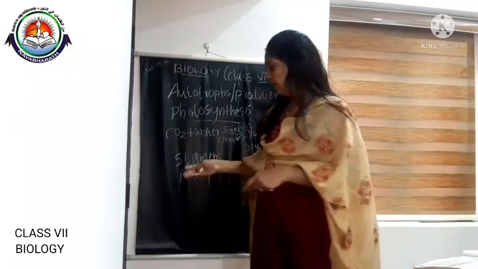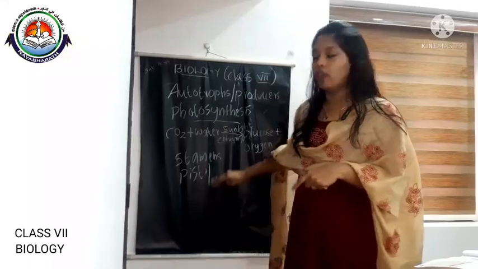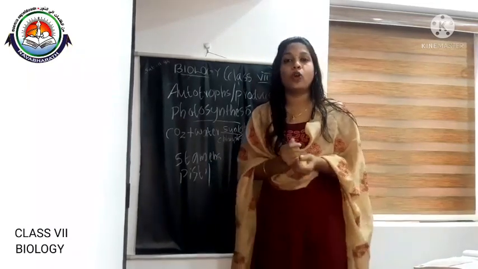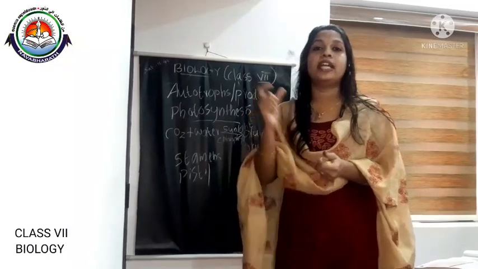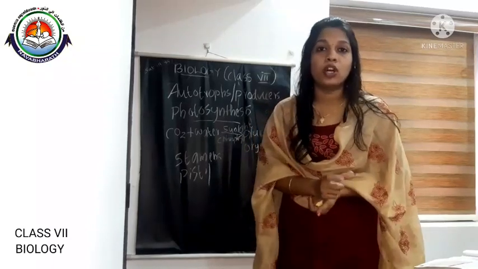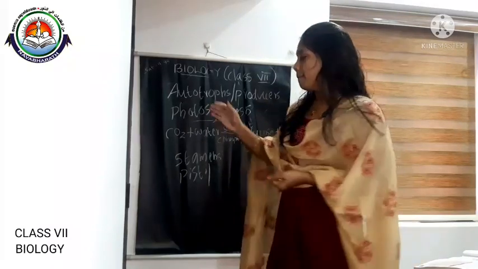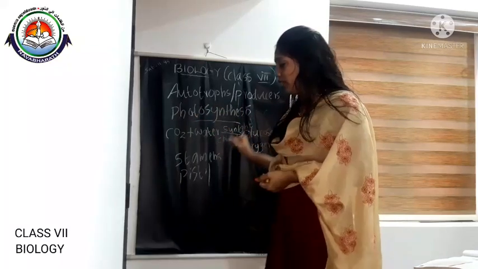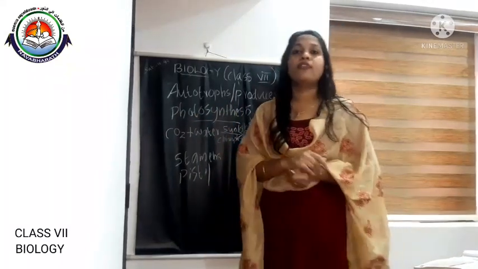Okay. So this is about the structure of a flower, and after that there is a process called pollination that helps in fertilization. Pollination is the process of transfer of pollen grains from the anther of a flower to the stigma of a flower.